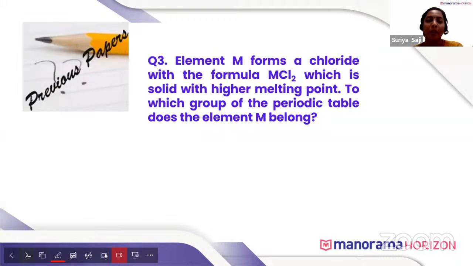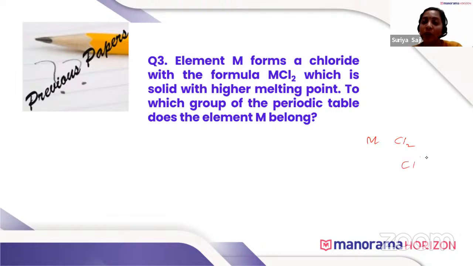Okay, now the third question. Element M forms a chloride with formula MCl2, which is a solid with a high melting point. To which group of the periodic table does the element M belong? Here, MCl2.